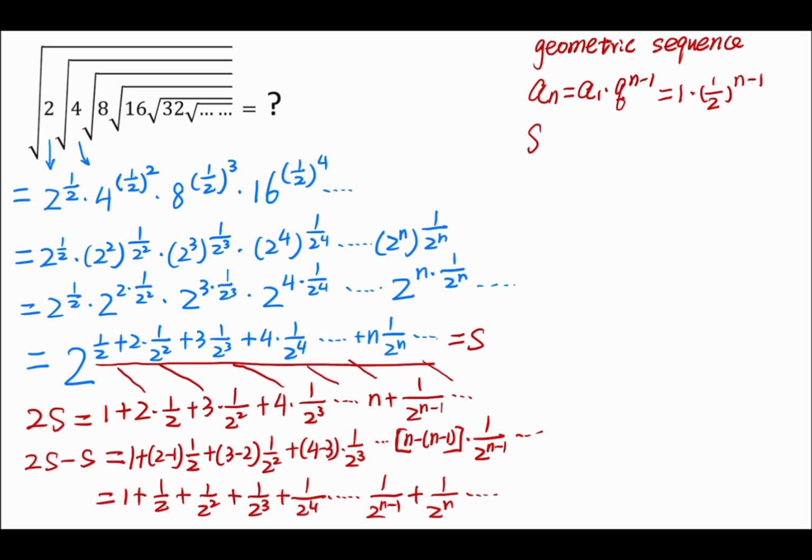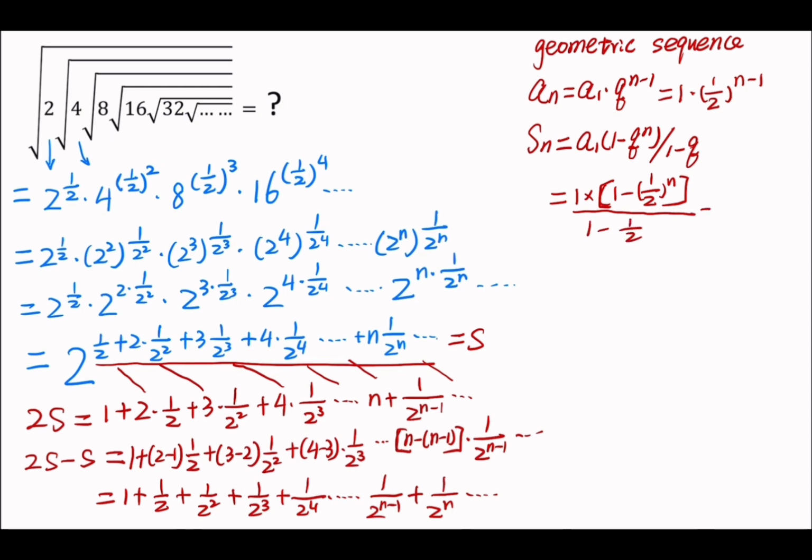And the sum of this sequence is a1 times 1 minus q to the power of n over 1 minus q. So for this case, this equals 1 times 1 minus 1 over 2 to the power of n, over 1 minus 1 over 2.